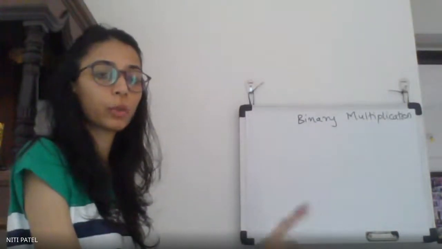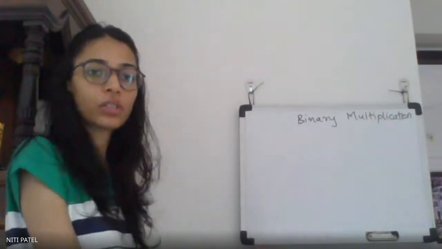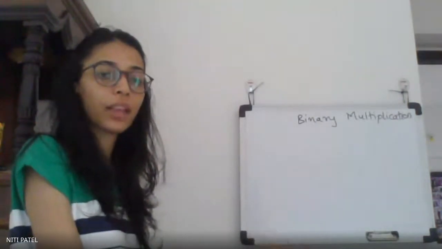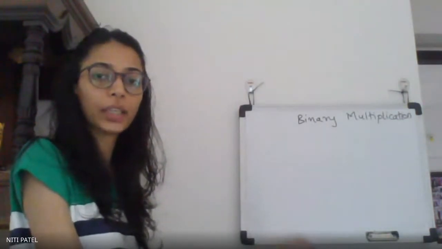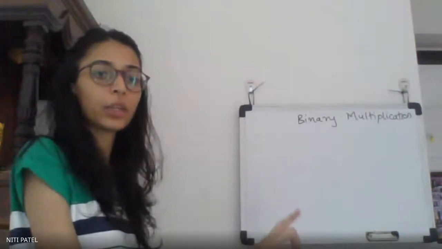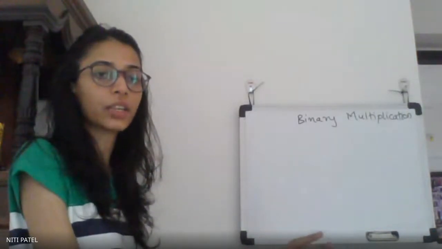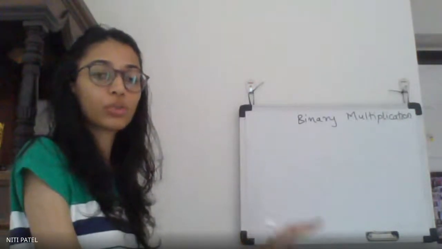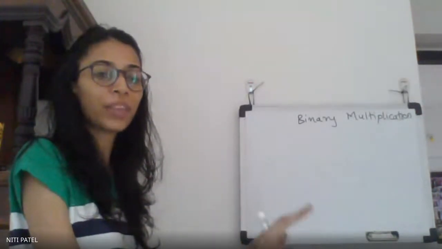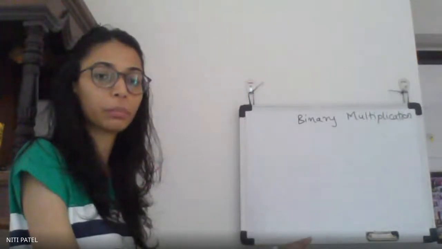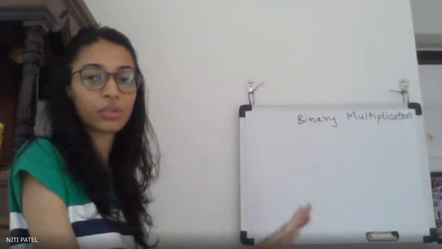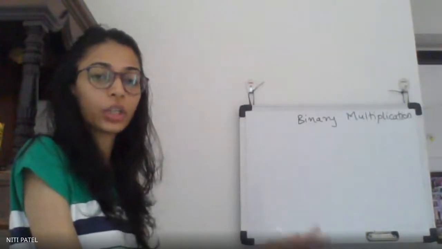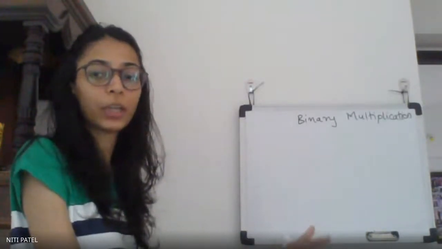If both numbers are positive, we do not take the 2's complement; we just add the binary numbers directly. If one number is positive and the second is negative, we take the 2's complement of the negative number, add it with the binary of the first number, and keep the result as it is. Do not convert the result back into the 2's complement. Now in today's lecture, we will see binary multiplication.